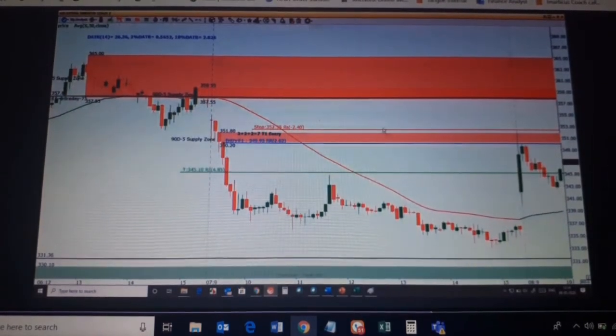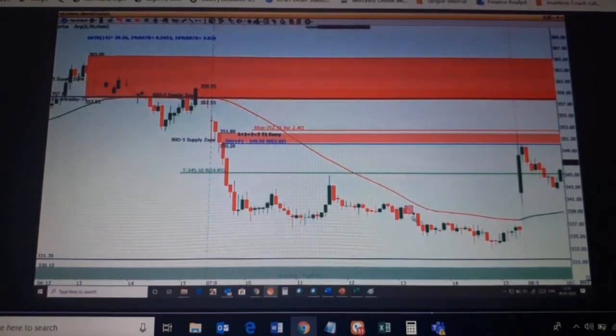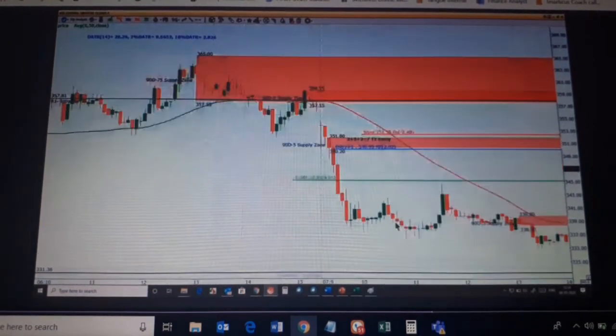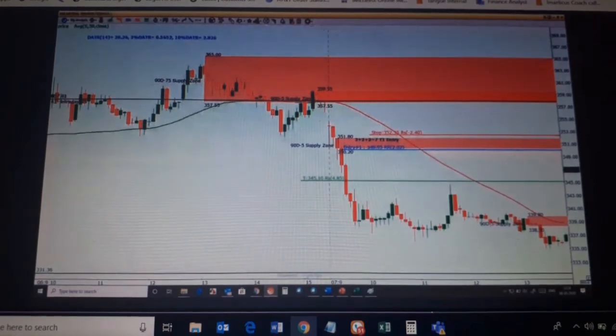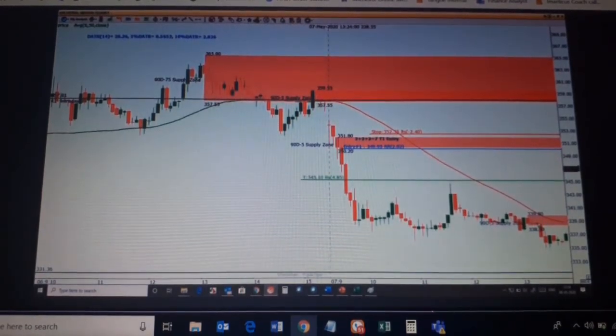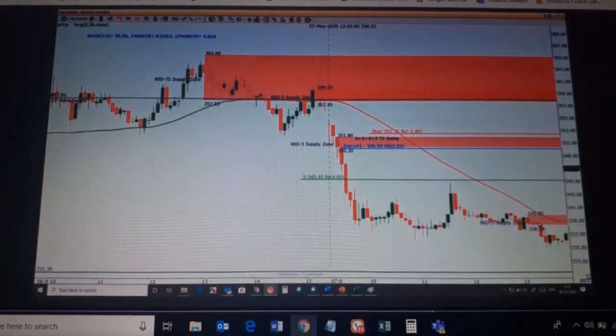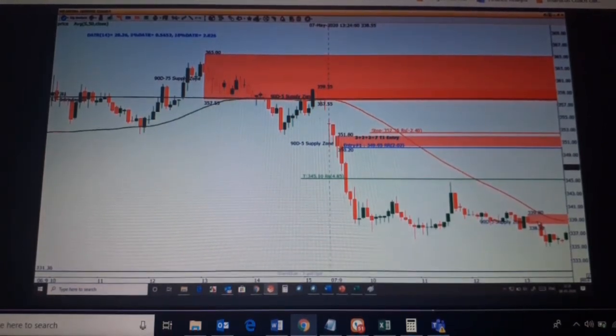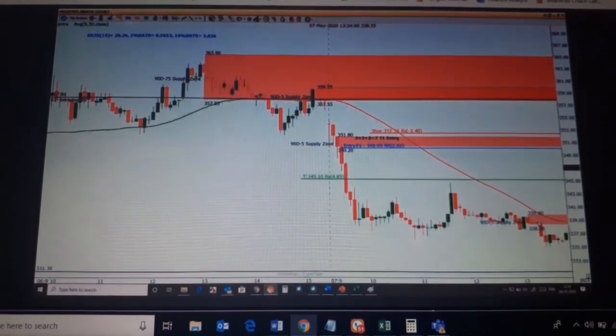This supply zone, is this explosive? Which is the level that is screaming at you? Is this level screaming at you, or is this level screaming at you? The marking would have been the same, even if you did it yesterday.